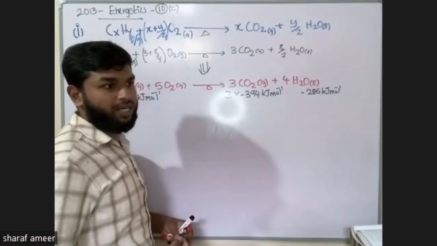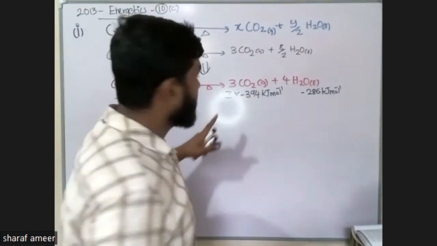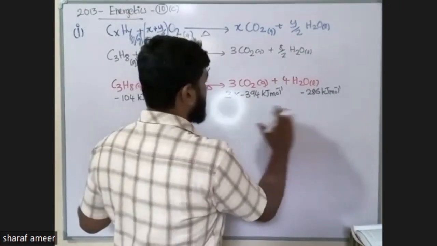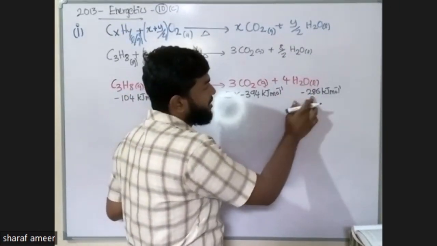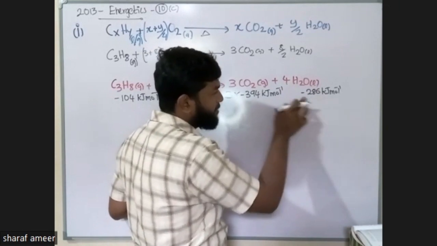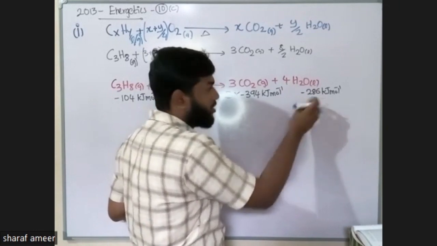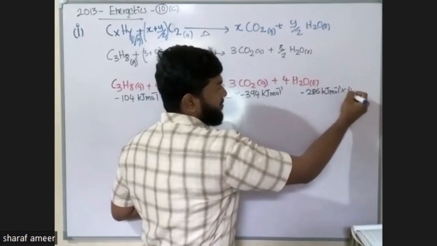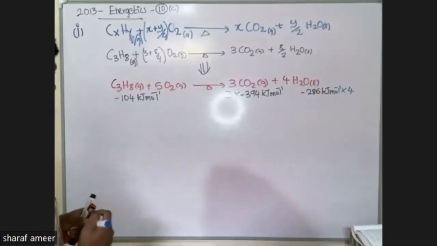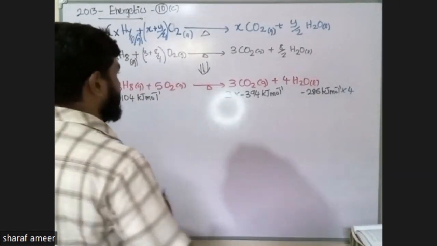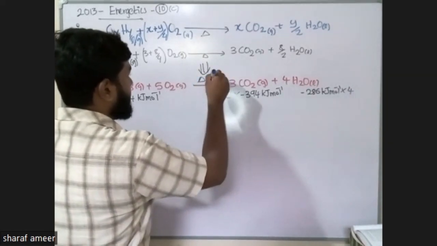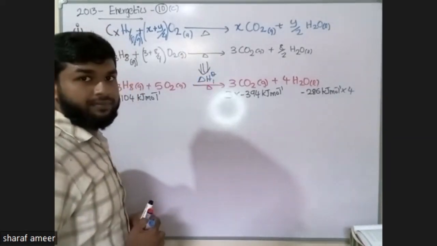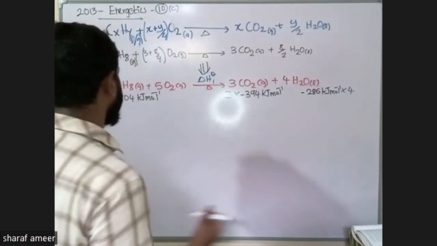Understood? Here we have 4 moles of H2O liquid. For 1 mole this much energy is released, so multiply this by 4. Let's say this one is delta H theta 1.